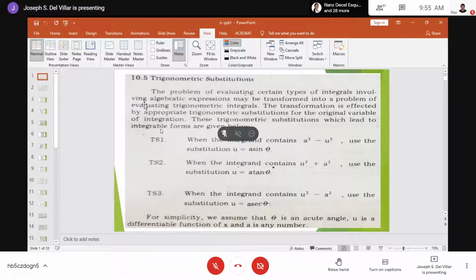Sa case number 1, it's the constant that is written first, then minus the square of the variable. And then sa case number 3, it's the variable squared minus the constant squared. And the substitution is the variable is equated to a secant theta. So it is assumed that the angle theta is always an acute angle, an angle less than 90 degrees.